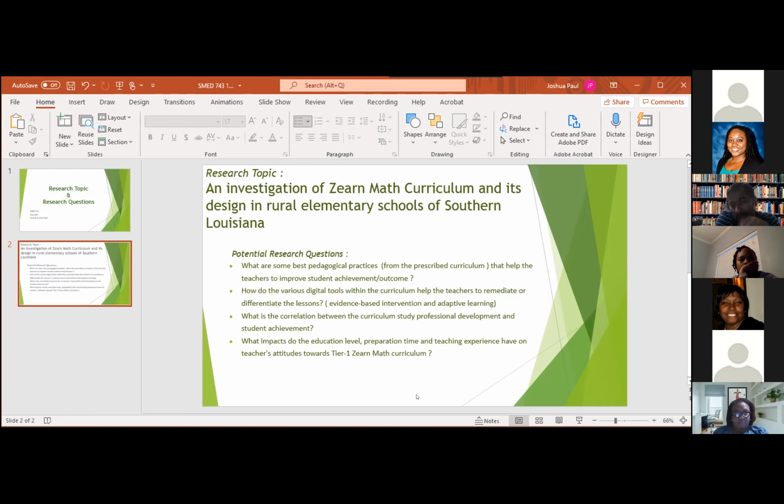I do agree with what you said. I was just wondering whether I should focus on both the teachers and the students. If you look at the third research question, I think it is predominantly focusing on the curriculum study PD. I was also thinking about changing the student achievement to teacher effectiveness or teacher competency.